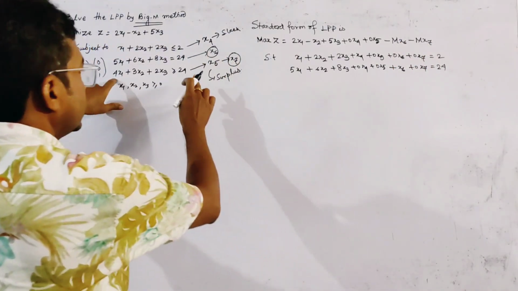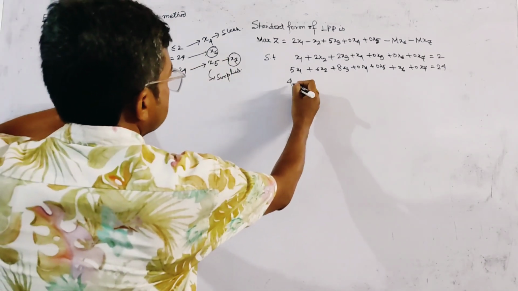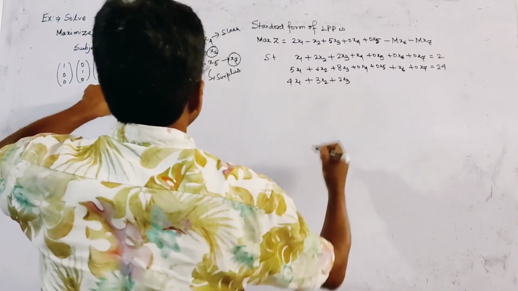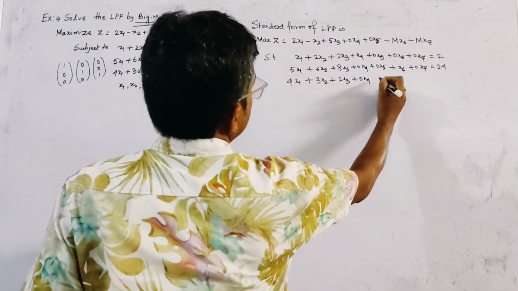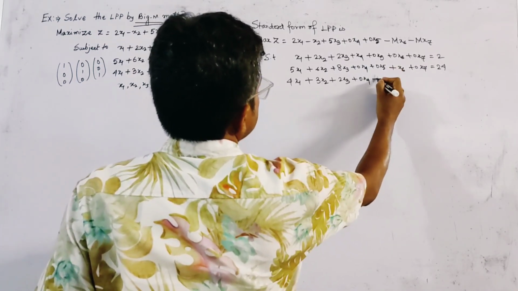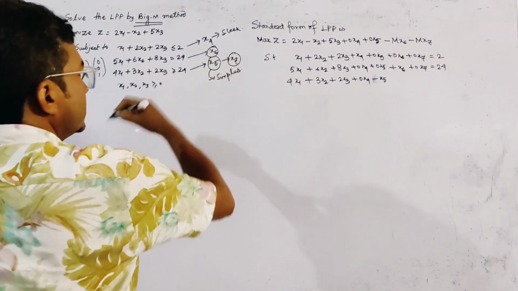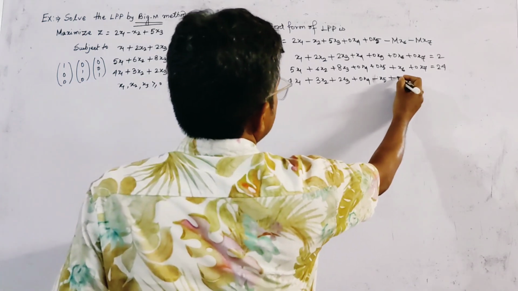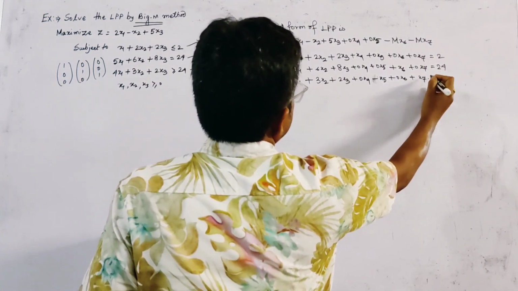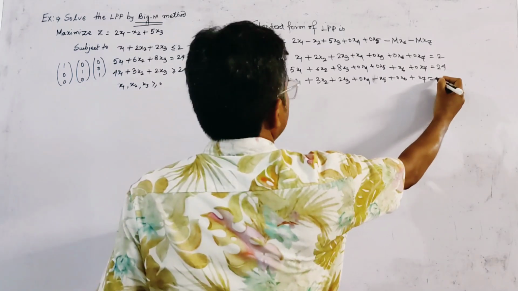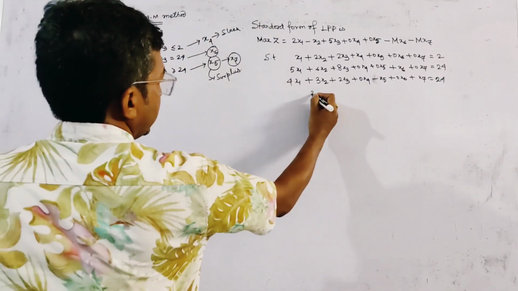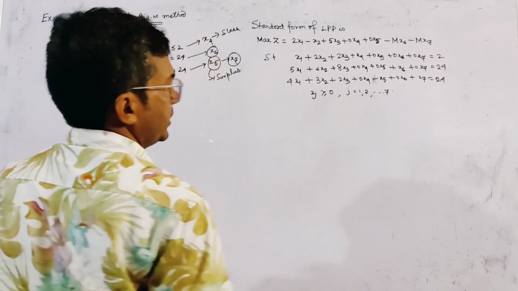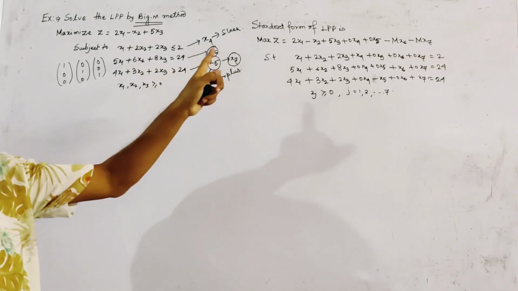For the third constraint, one surplus and one artificial: 4x1 plus 3x2 plus 2x3 plus 0x4, sorry, not plus, minus x5, because this is surplus and is subtracted from this relation, plus 0x6 plus x7, this is artificial, equal to 24, with xj greater than or equal to 0 for j equal to 1 to 7. This is the standard form of this LPP.